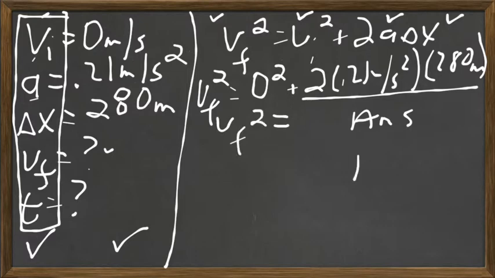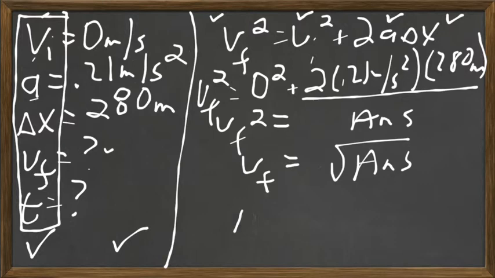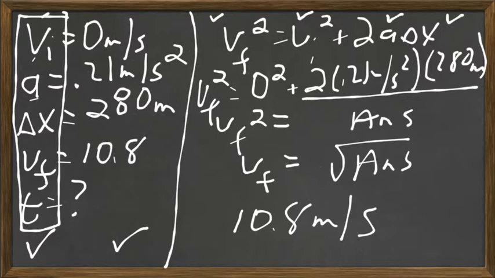I do have to take the step of taking the square root of the answer so it just equals final velocity. And when I do, I get 10.8 meters per second. Now, what can I do with that particular bit of information? I can go right over here and erase that question mark and add that to the bank of information I already have.